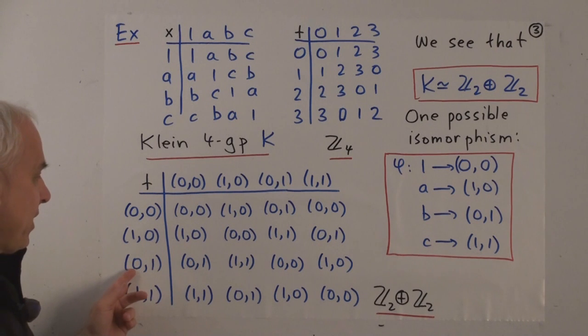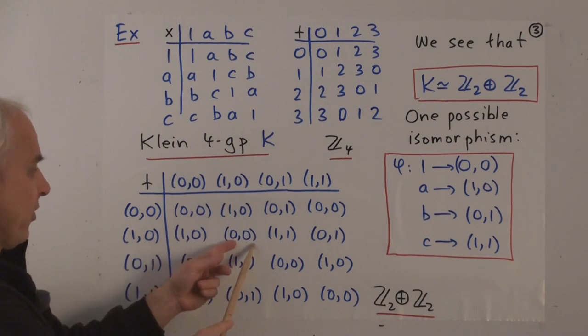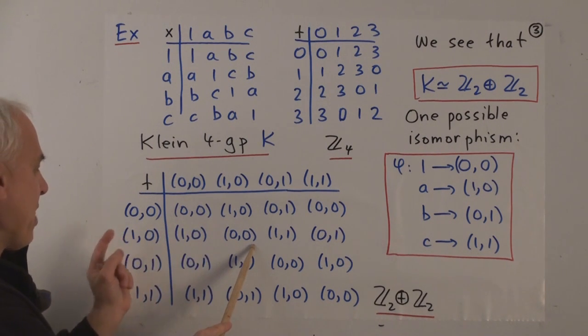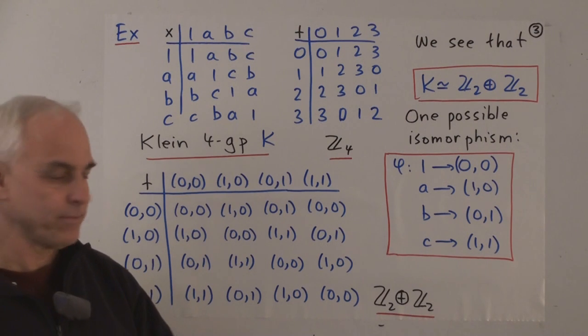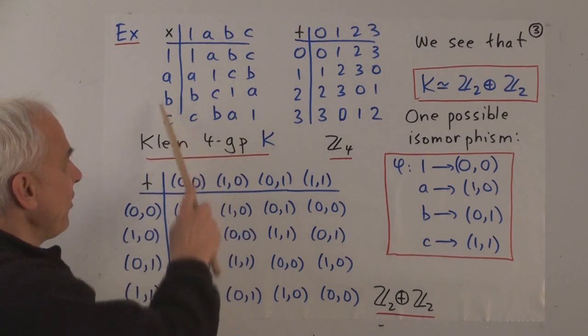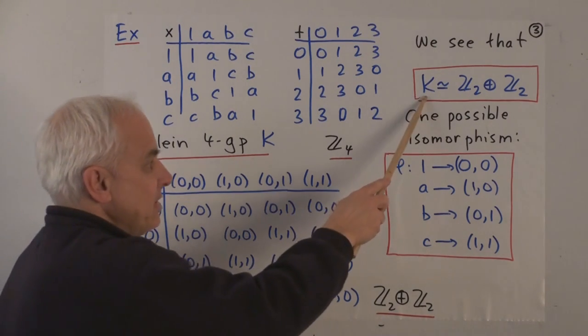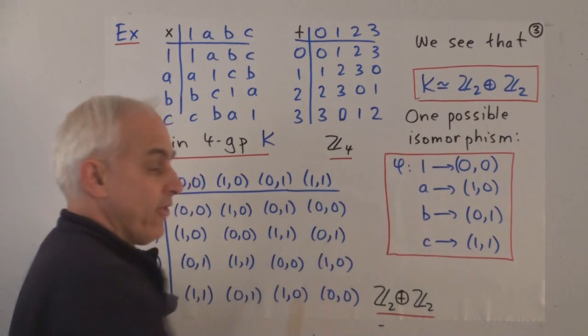Here we see the same kind of thing here. (1, 0) plus (1, 0) is (0, 0). And I remind you that's because 1 plus 1 is 0 when we're working mod 2. So we see the identity is down here. That's the same pattern as up here. And so indeed the Klein 4 group is isomorphic to Z2 plus Z2.